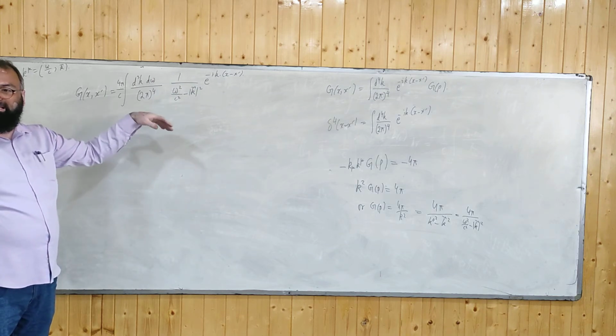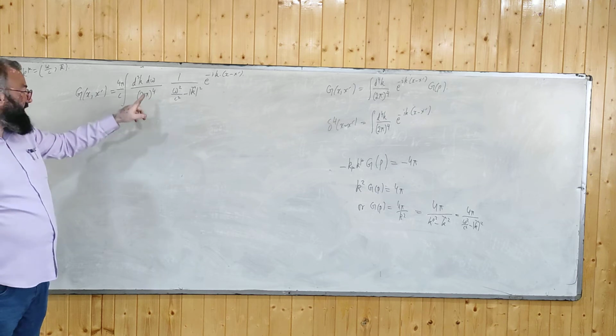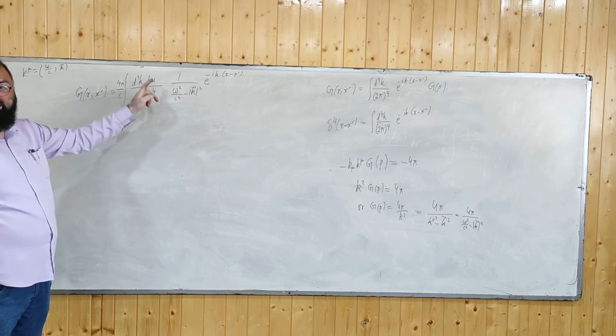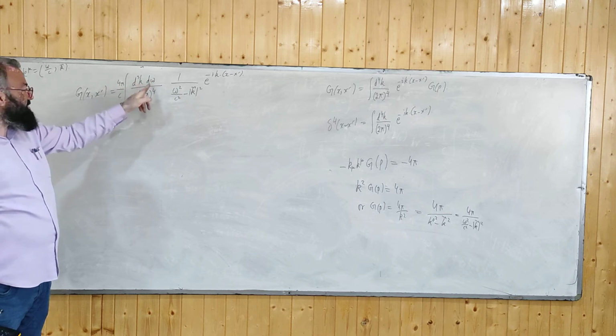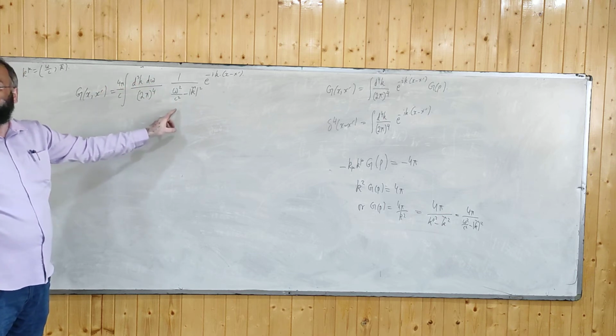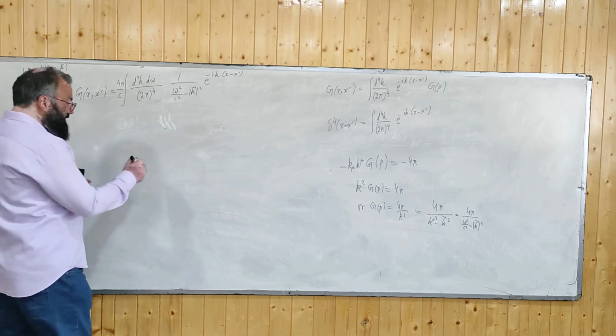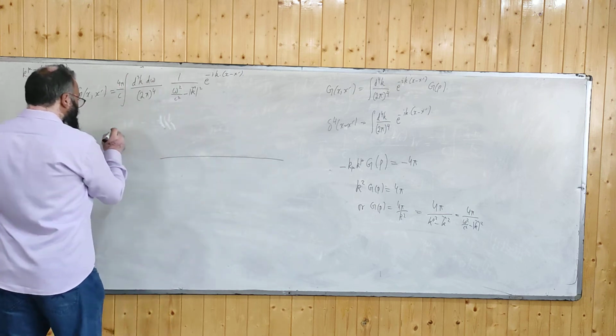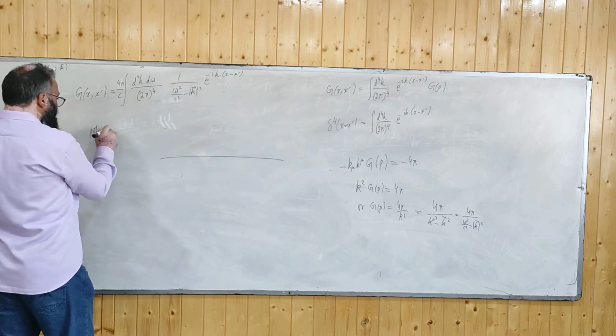Where are the poles? Let's try to integrate over omega. Forget about k. Let's integrate over omega. What are the poles? The poles are on the real axis.